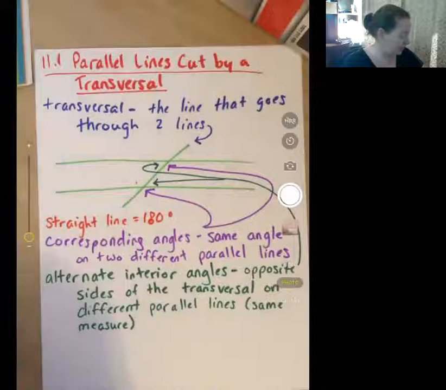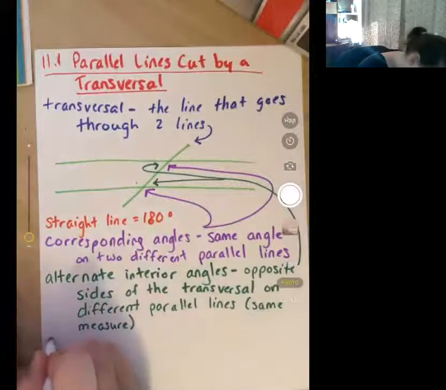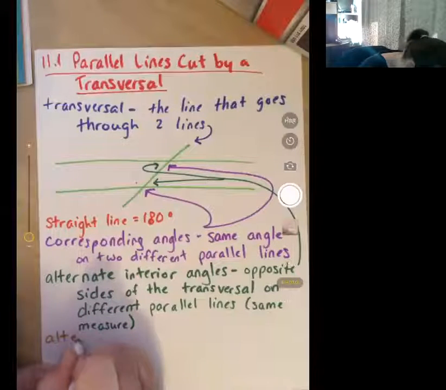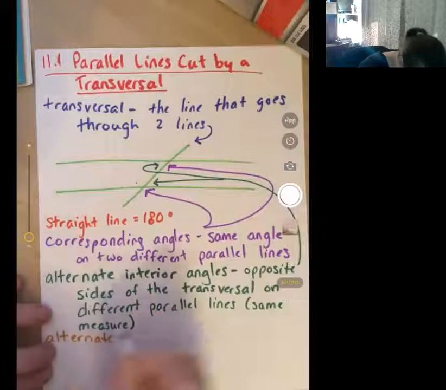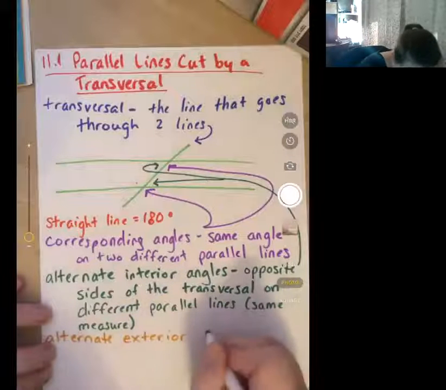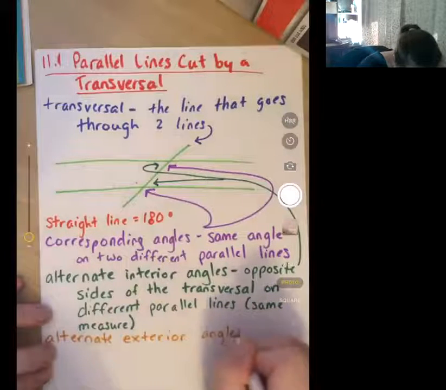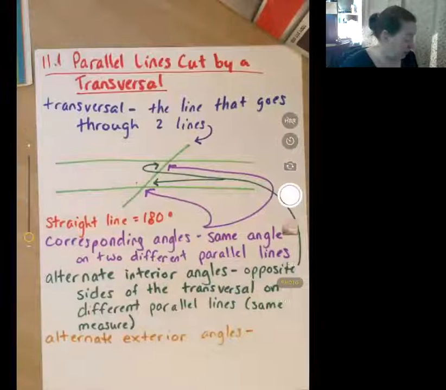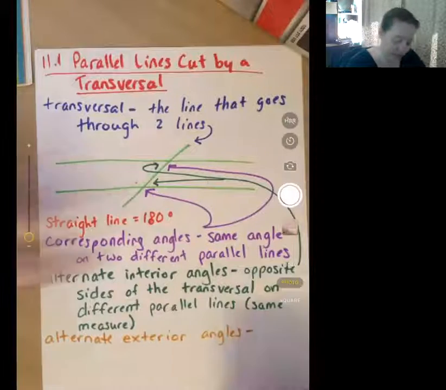So let's take this one and let's do alternate exterior angles. And let's see what that one says. So these are on opposite sides.